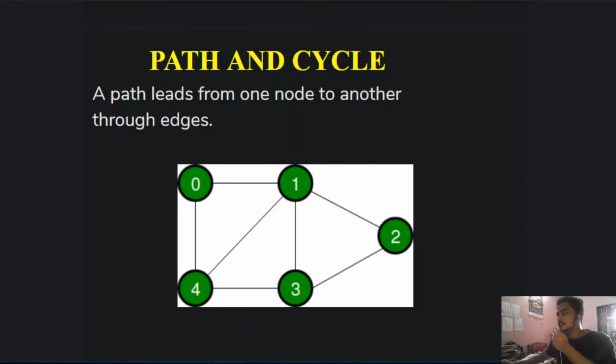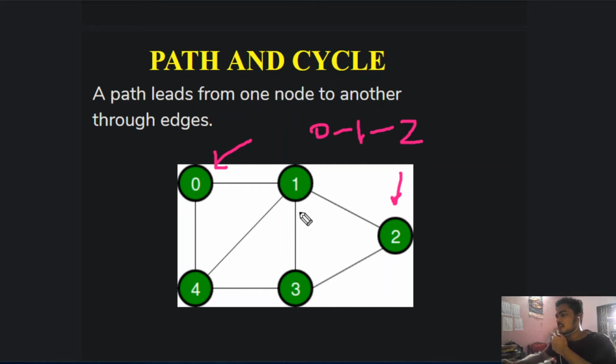Now let's see what is a path and what is a cycle. A path leads from one node to another through edges. If we consider this node 0 and this node 2, what is the path between those? The path will be 0 to 1 to 2, or there are other paths too, from 0 to 4 to 3 to 2.